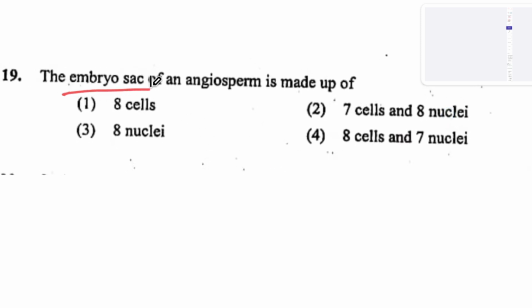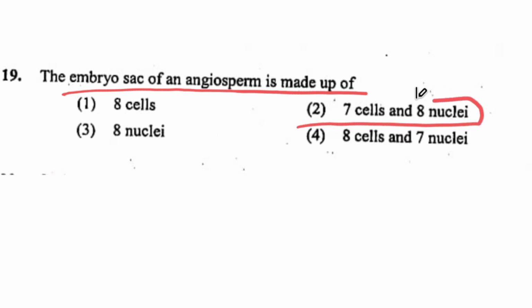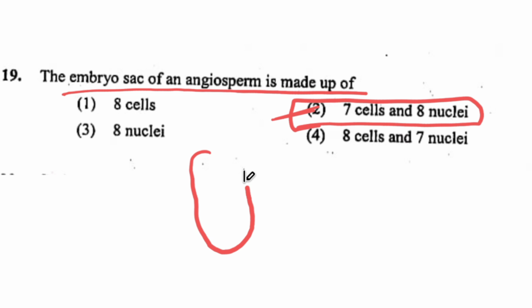The embryo sac of an angiosperm is made up of. So a typical angiosperm embryo sac is 7-celled, 8-nucleate. So let me draw a diagram here. So at the chalazal end you will come across 3 antipodal cells.